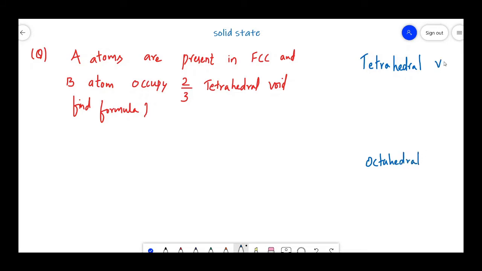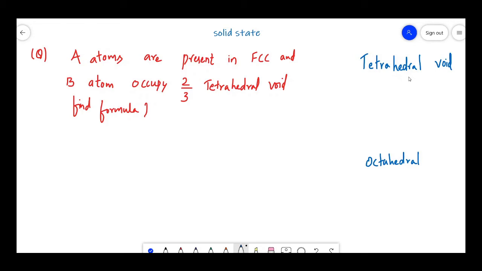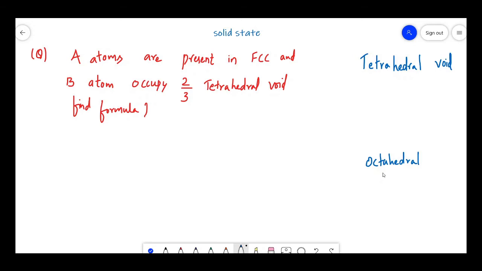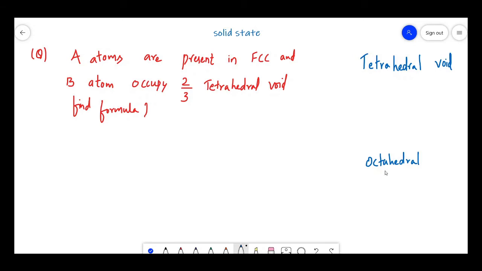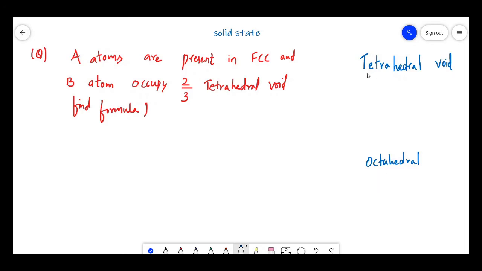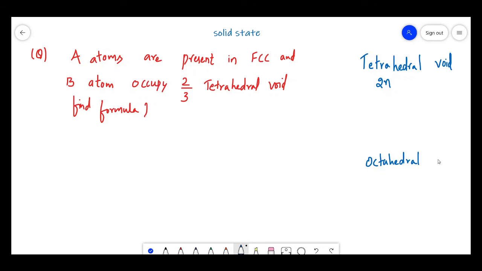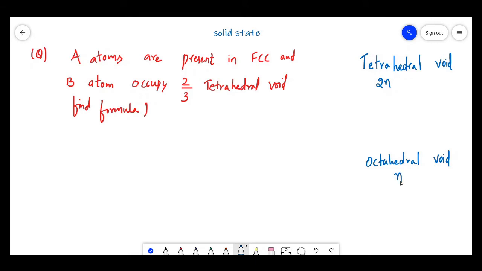In the tetrahedral void, the void is present between four spheres, three spheres in a layer and one above or below. And in the octahedral voids, total six spheres will be there, three in one plane and three more spheres in another plane. And remember, if n atoms are there, the number of tetrahedral voids will be equal to 2n. And if n atoms are there, the number of octahedral voids will be equal to n.